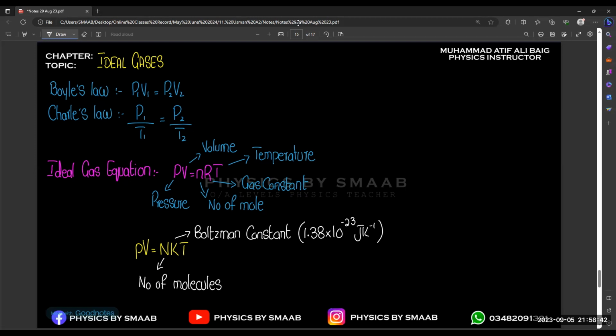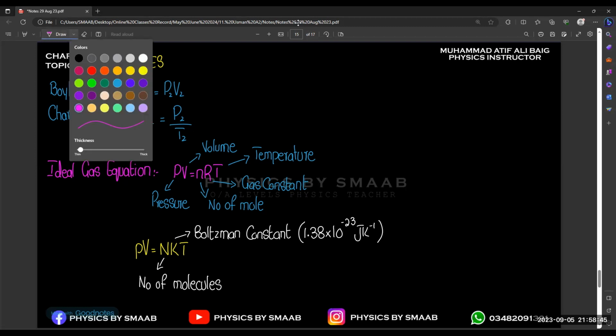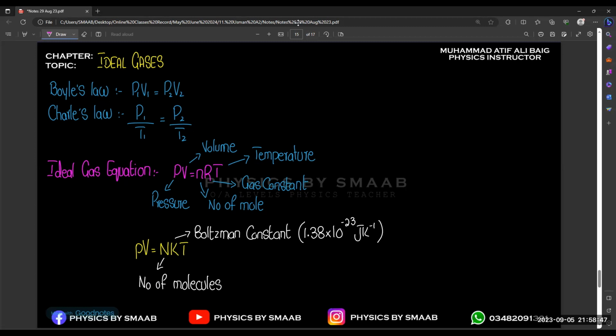And if we talk about the Boltzmann constant, because this is the new quantity that we discussed today, you already identified that the Boltzmann constant is represented by k, and we can easily identify the Boltzmann constant with the help of the universal gas constant divided by the Avogadro number, right?